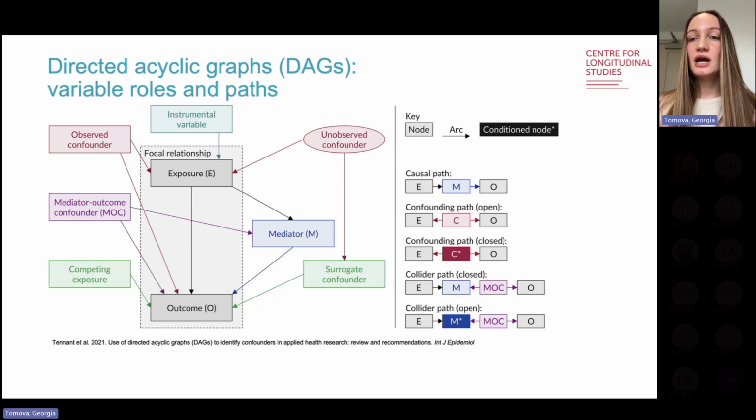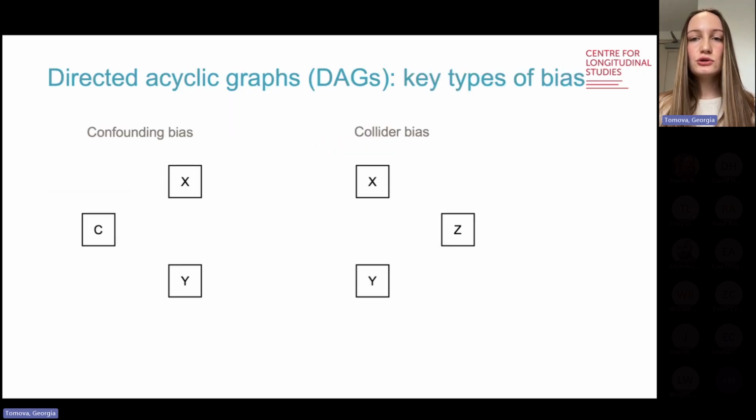We do this to inform our analysis, for example to identify what variables to condition on or what variables we might want to avoid conditioning on. For example, usually we would want to avoid conditioning on mediators. I'm not going to go into much more detail on all the different types of variable roles. I'm going to focus on two specific roles and related sources of bias in DAGs that will be relevant to this part of the talk.